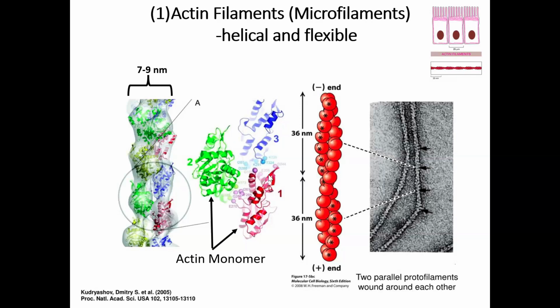Each one of them, the blue one, the red, the green, is one actin monomer, and they associate to form a filament-like structure. An individual actin is called globular actin or G actin. They are present in the cytosol, millions of molecules of these.